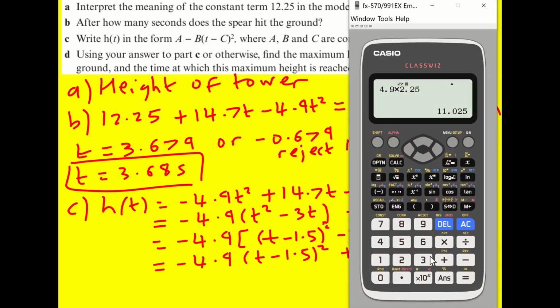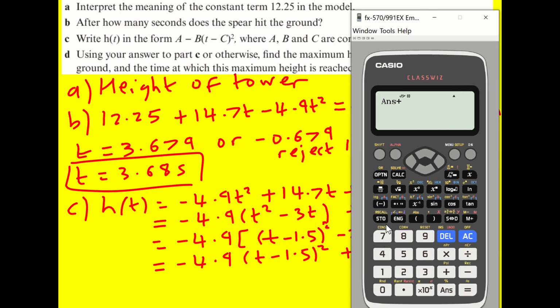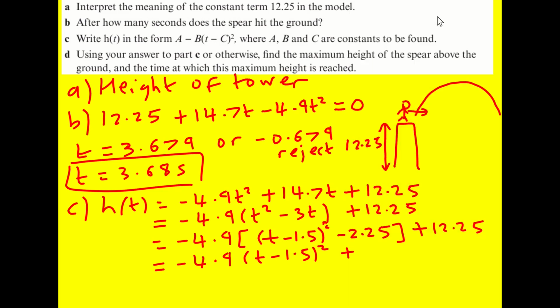And I'm just going to go straight to it and add on the 12.25. 23.275. Just going to write it in the form that they've written it again, just like with the diver.